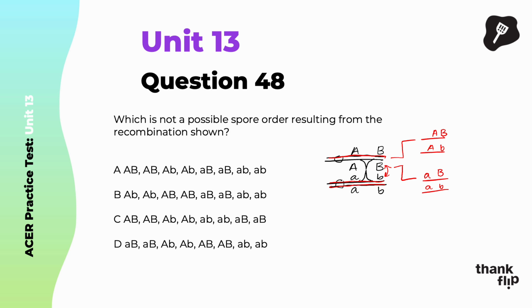Now from there, what can happen here is that these are going to separate out into A, B, lowercase a, capital B, and lowercase a, lowercase b. All right, so this is the spore order that's possible.